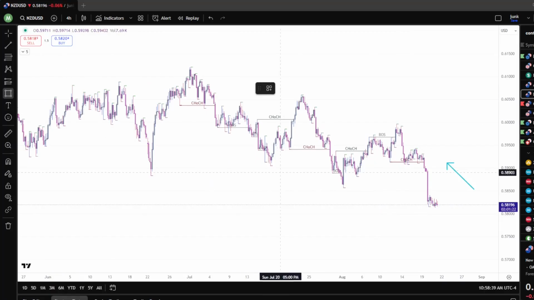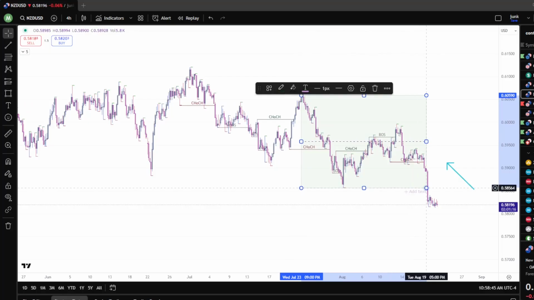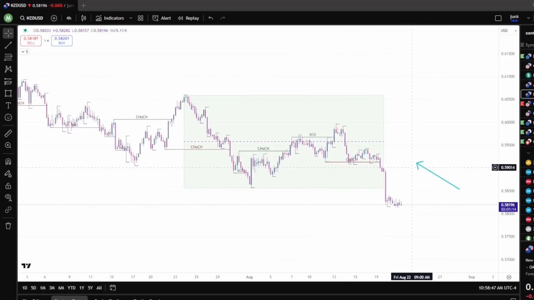NZD USD, let's go map out the current range. I think this was the previous range. This happened yesterday, so it did break structure.